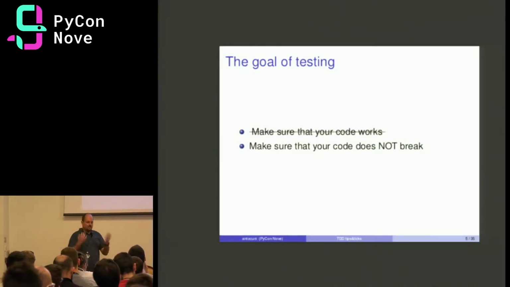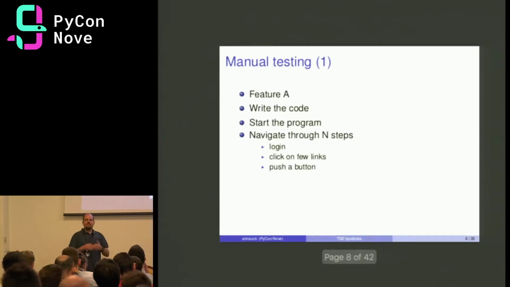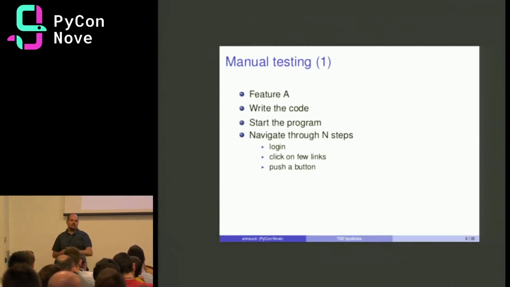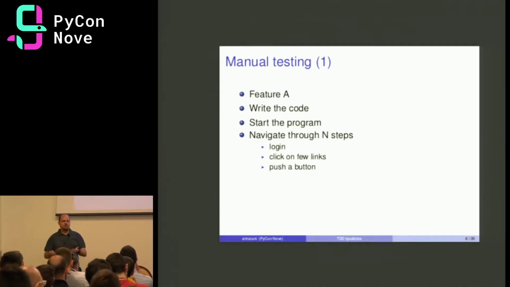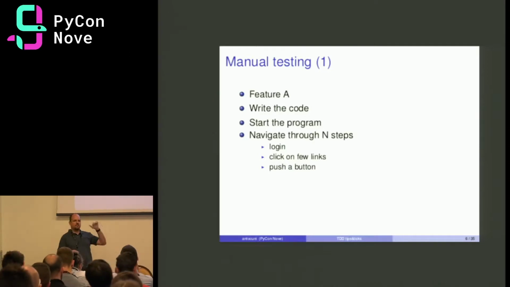Because writing code which seems to work at the beginning is kind of easy. It's what everybody does when you start to learn to program. You have the feature to implement, you write the code, then you start the program, you see that the program more or less does what you wanted, and you're happy.